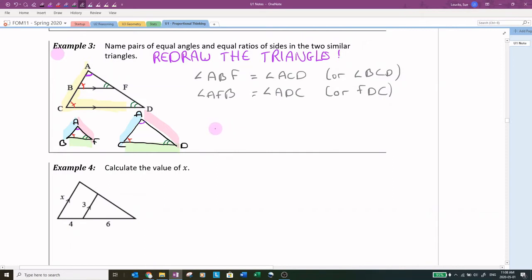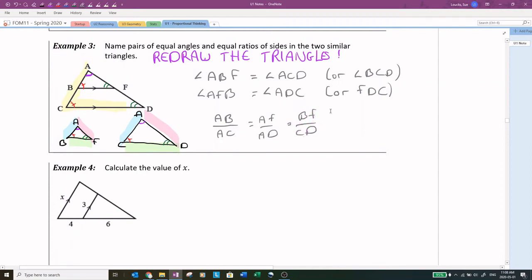Now this time our sides don't have actual labels, so we need to use the 2 symbols to show the sides. And what we see is that the ratio of side AB to AC equals AF over AD equals BF over CD.